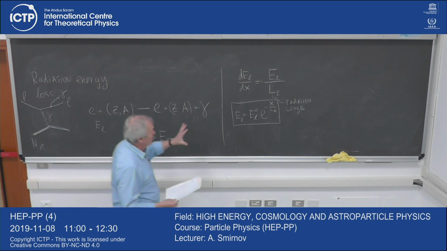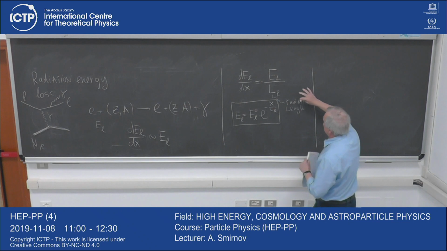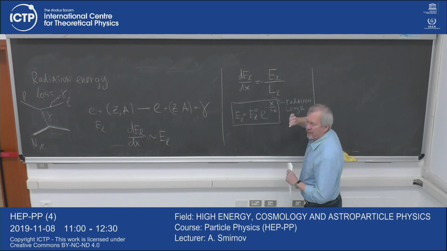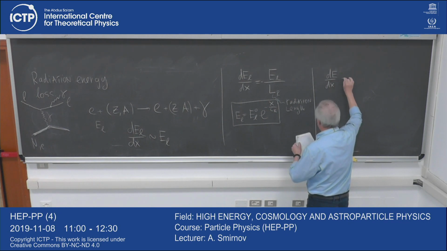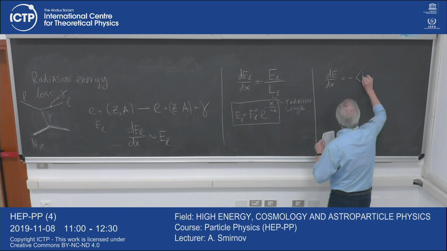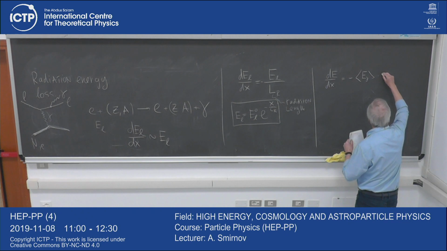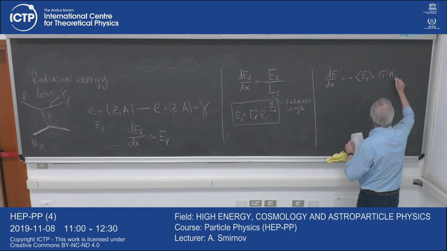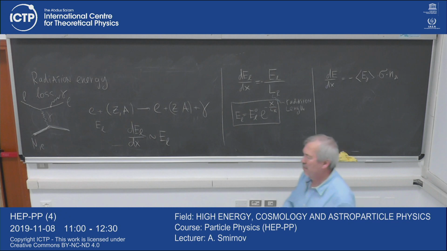So now let us consider in more detail the radiation length, how to compute it. So this is kind of an empirical expression, but in reality we are computing dE over dx, which is minus the average energy loss in a single collision, multiplied by sigma n, where n is the target number of atoms, and this is the probability of collision over 1 unit of length.